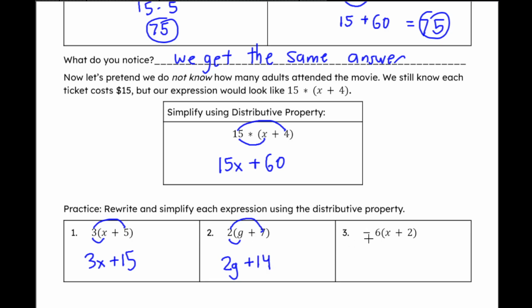Ooh, this one here, careful. We have a negative 6 times x, so that's a negative 6x, and plus negative 6 times 2, that's negative 6x plus negative 12. If you wrote it as negative 6x minus 12, that is also correct as well. I will accept either option personally.